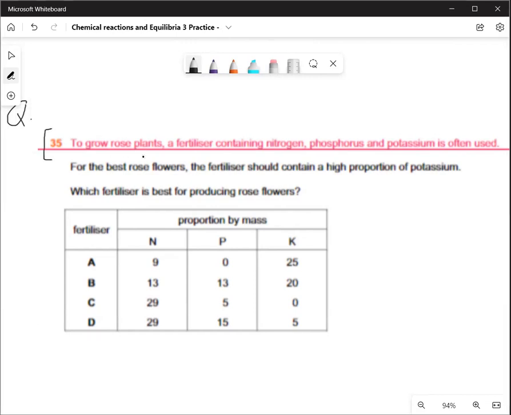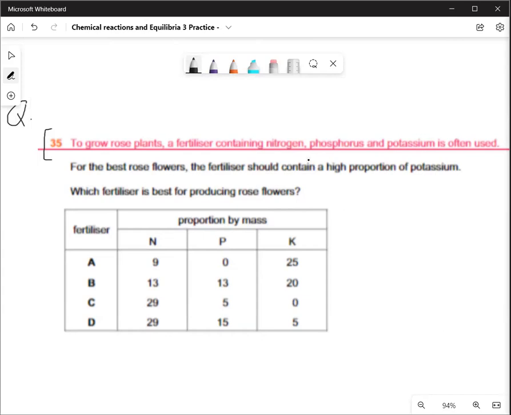Read the first one as well. To grow rose plants, a fertilizer containing nitrogen, phosphorus, and potassium is often used. Now, what is the answer to this question? Think. I don't know. Okay, I'll tell you.